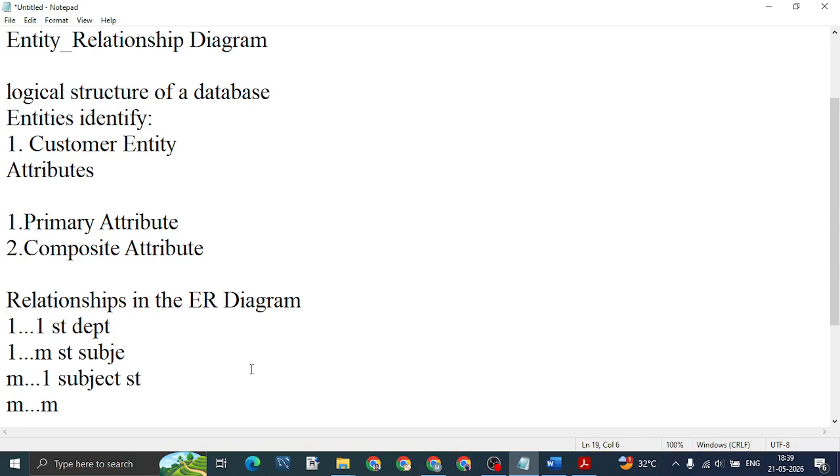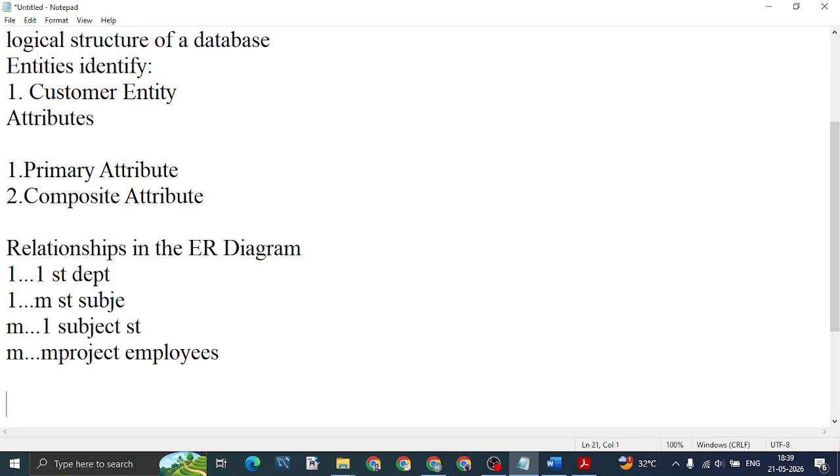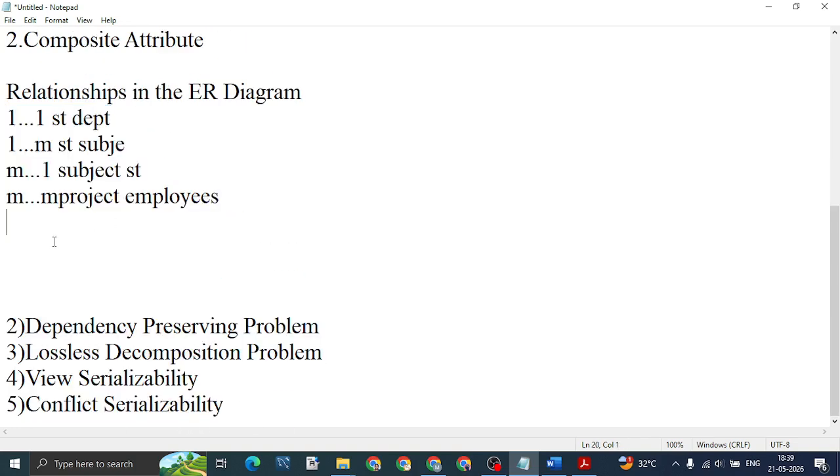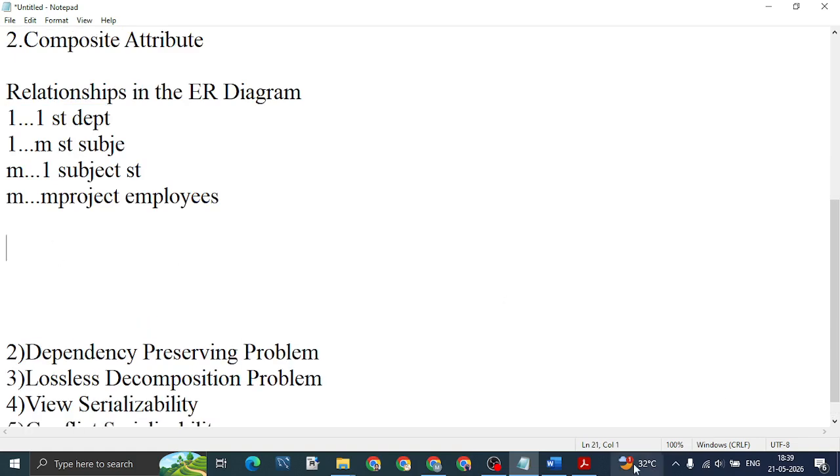Then n number of projects can be assigned to n number of employees. Those are the best examples of representing these types of relationship, and in the ER diagram you can specify all these types of relationship, right?